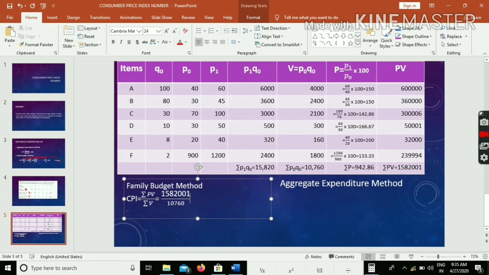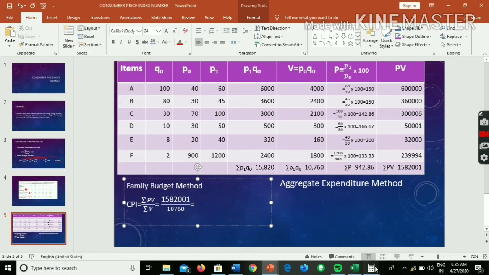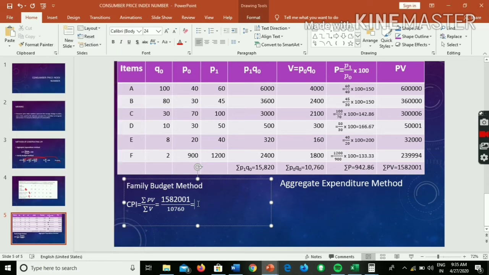So it equals 15,82,001 divided by 10,760, which equals 147.03 approximately. So the value of consumer price index under family budget method is 147.03.